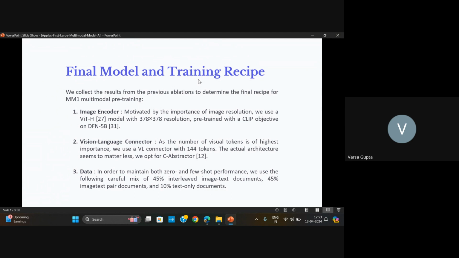So a different mixture of data sources was used. We saw in the earlier slide: 45% interleaved image text, 45% text pair documents, and 10% text only documents. This comprises the final training recipe of the MM1, which was systematically modified and improved from the previous base configuration.